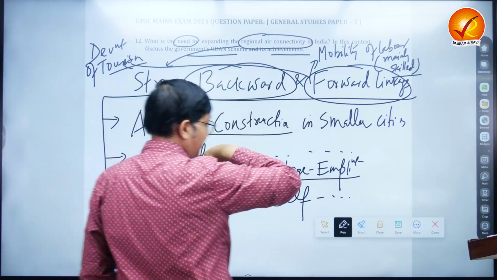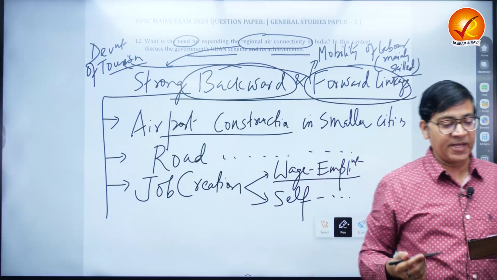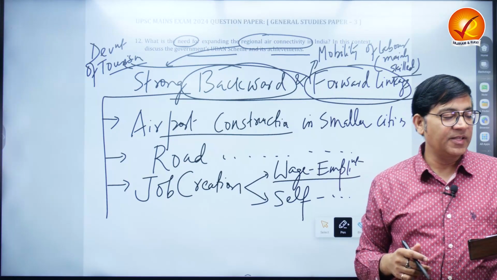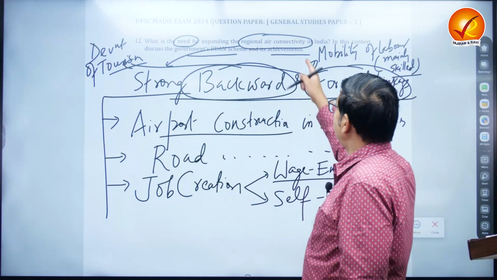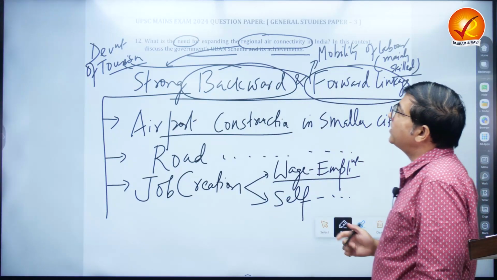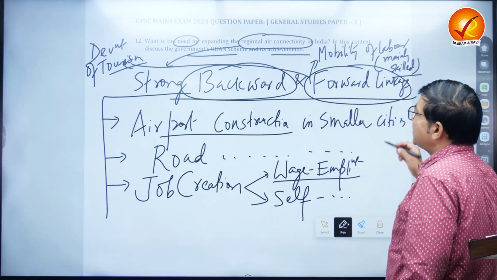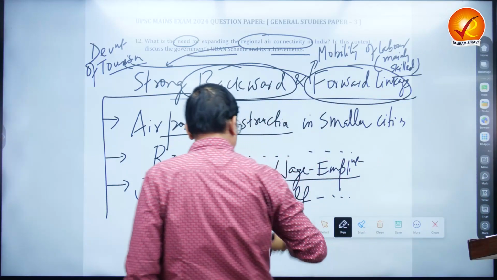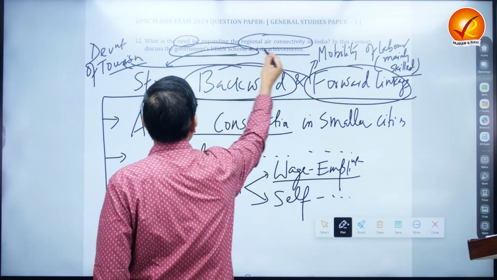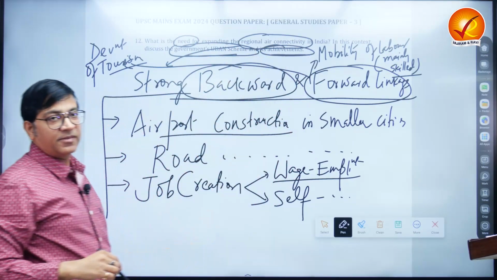Apart from this, you can talk about even other types of economic activities that can be facilitated with this. Then comes, so this was the first part. Roughly, I would say that you can spend 70-80 words. Not more than 70-80 words, because you still have to spend a lot of time on the features of UDAN scheme and its achievements. Okay.